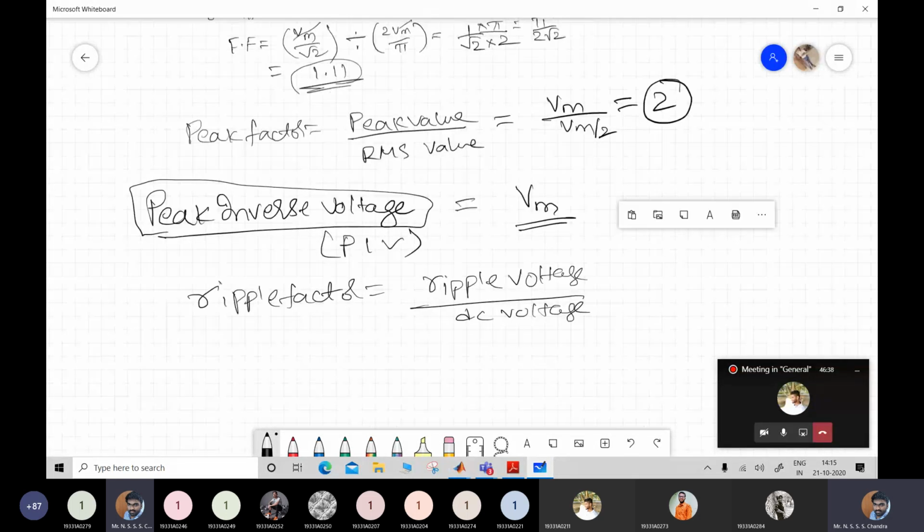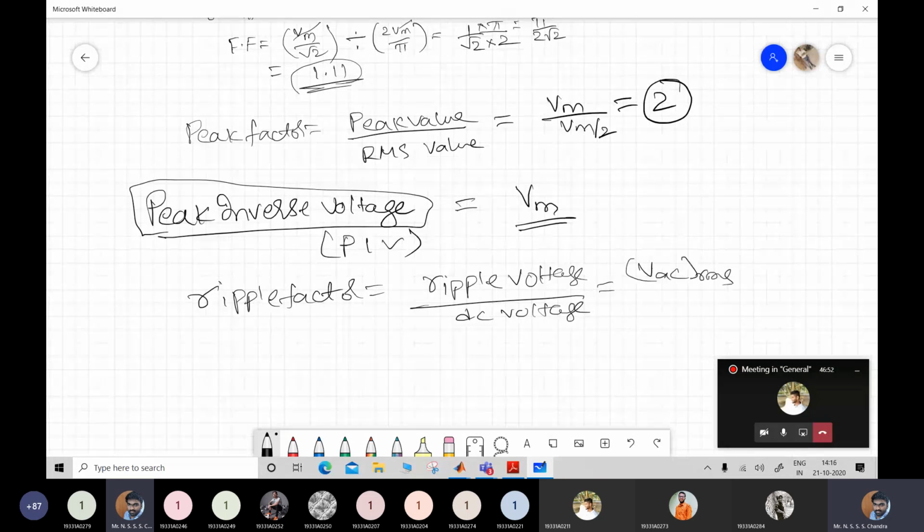I should have two quantities: one is the ripple voltage and the other is the DC voltage.